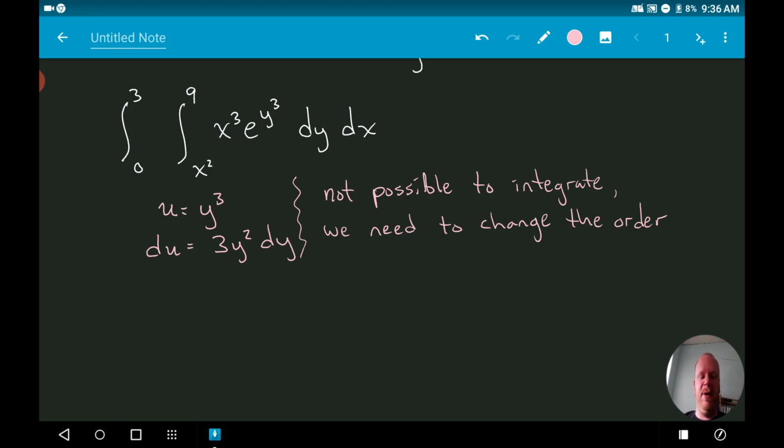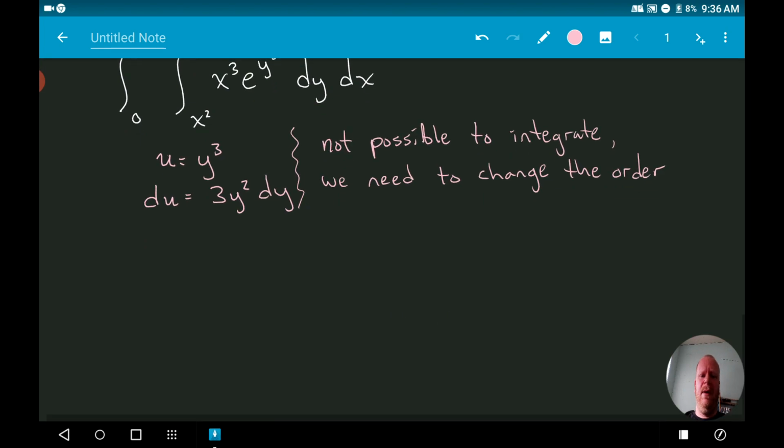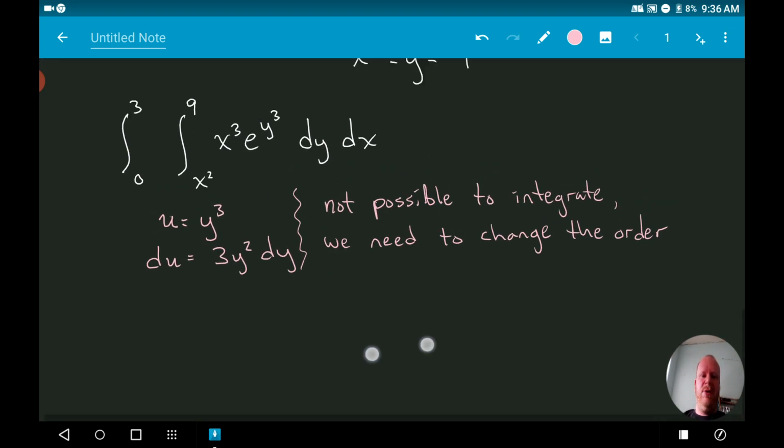So we can't use Fubini's theorem. We also can't do that because we would have an x squared over here, and we'd run into the same problem we saw above where we have functions on the outside. So we want constants on the outside there. So in order to change the order of this, I'm going to draw a sketch.